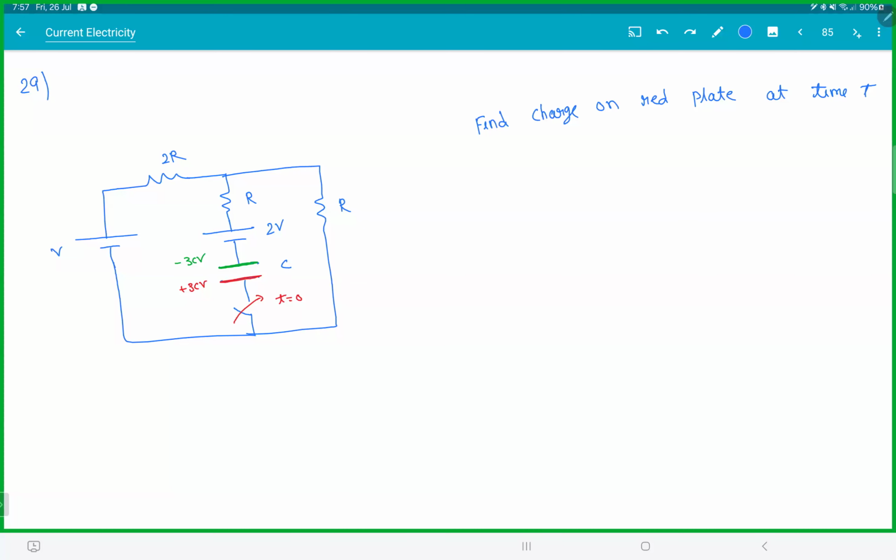Initially, there is some charge before the switch is closed. First, find the time constant, and then find the Q final. If you got these two, the question is over.